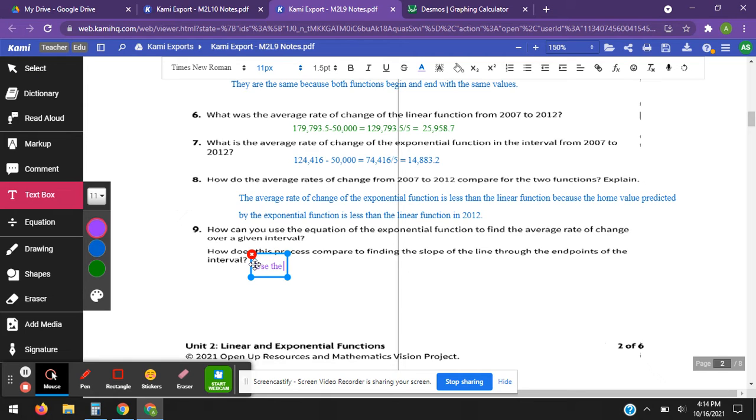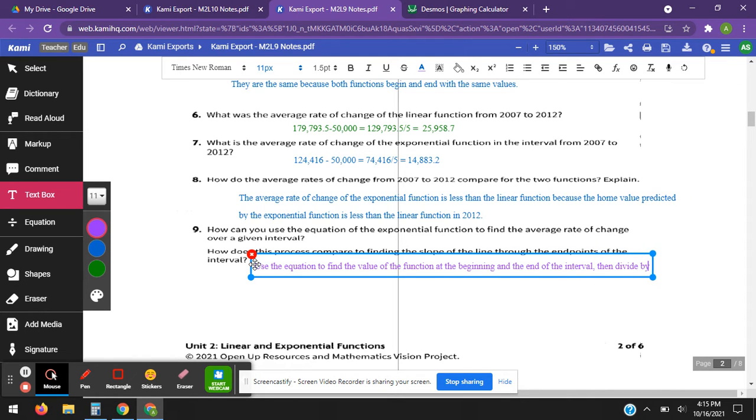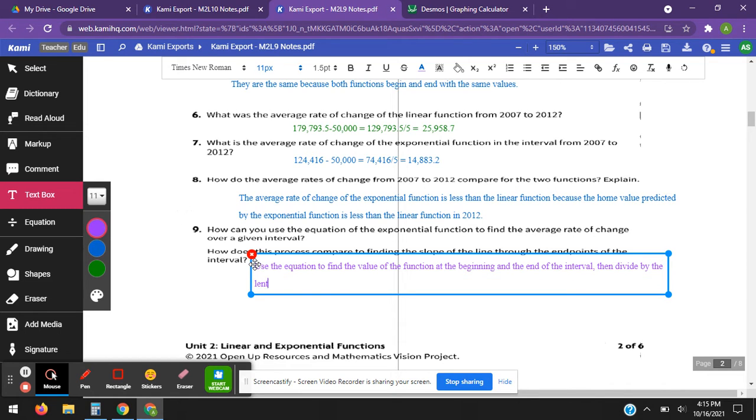So you use the equation to find the value of the function at the beginning and the end of the interval and divide by the length.